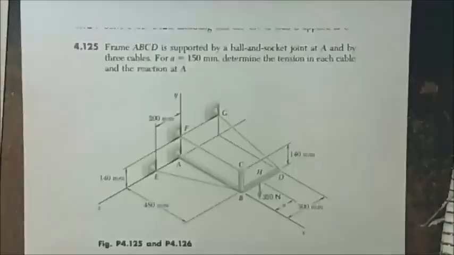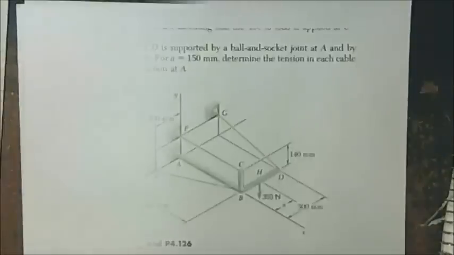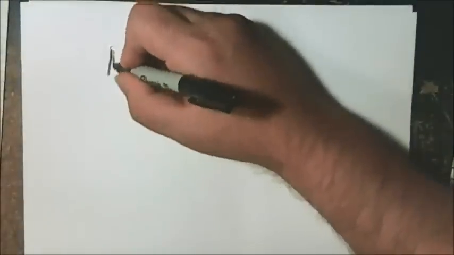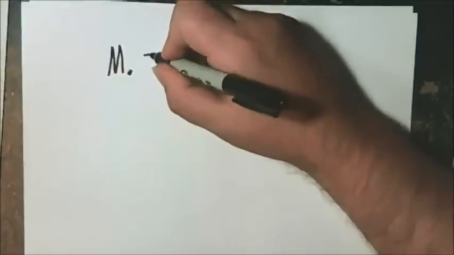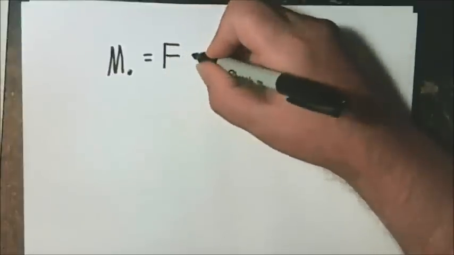And we then use the sign along with the force times the perpendicular distance, just as if we were doing a problem with 2D. Alright, so what we're going to use here is this formula. The moment is a force times a perpendicular distance.